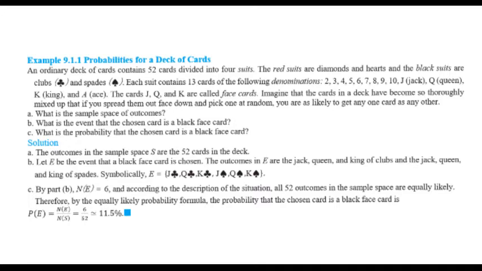So the chance of seeing a black face card when choosing one card out of a deck is almost 11.5%.